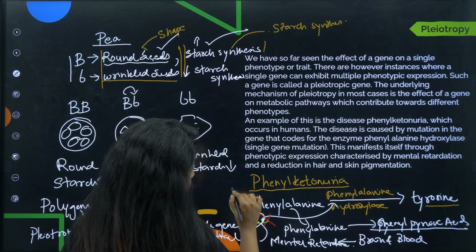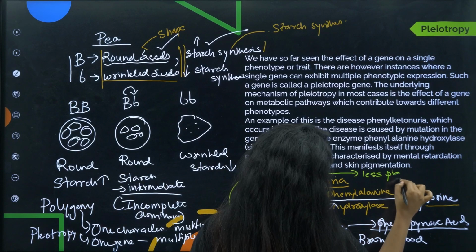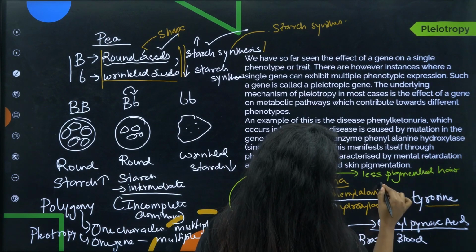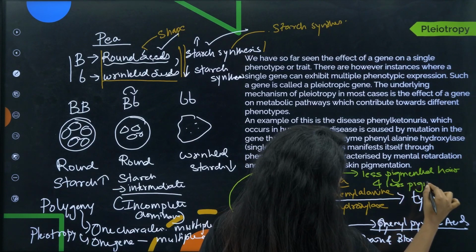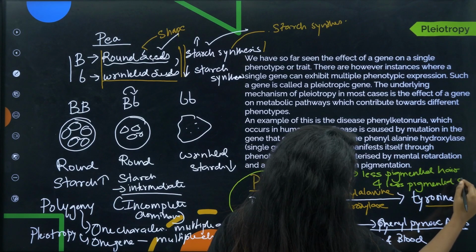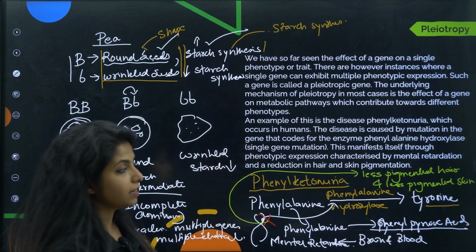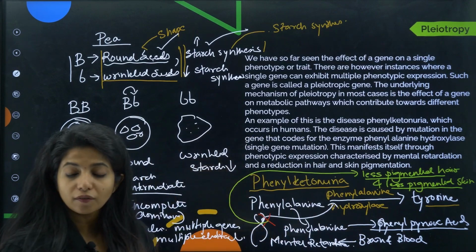That is, we will be having less pigmented hair and less pigmented skin because of the damage of the same gene.